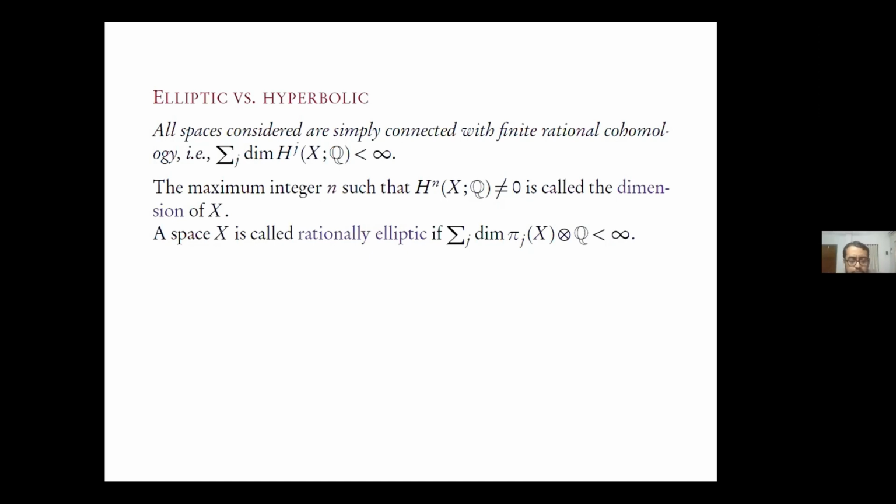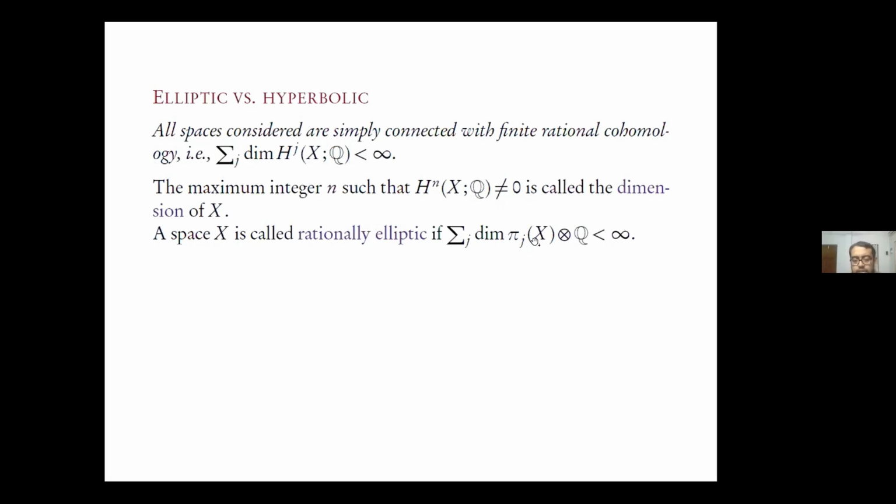So here's the definition. We're going to break up spaces as described above into two types. How do you define that in mathematics? Well, you define one type and then you say whatever is not of this type is of the other type. So we're going to do precisely that. A space X is called rationally elliptic if you look at the rational homotopy groups, which become vector spaces over Q, take their dimensions and add all the dimensions up, and the sum is finite.